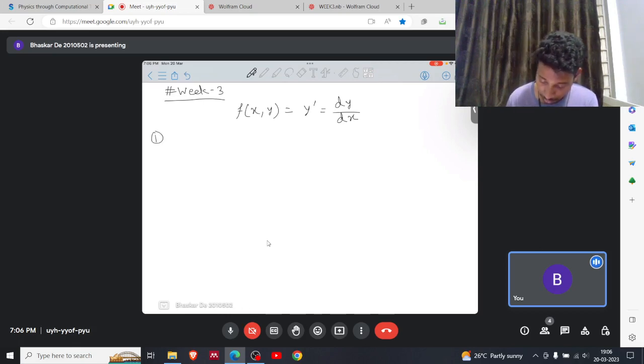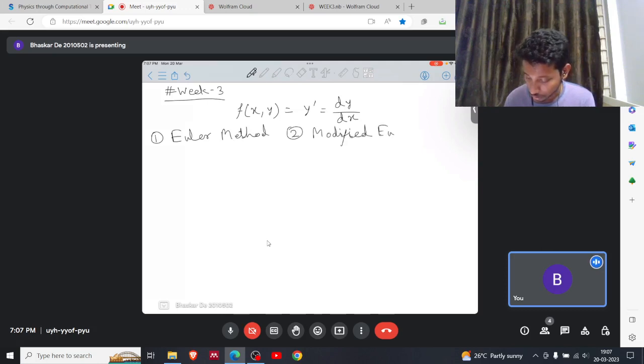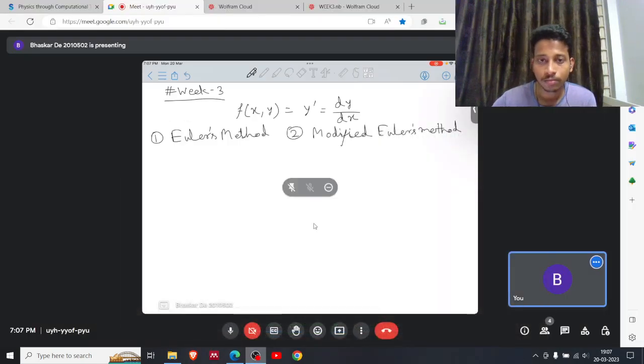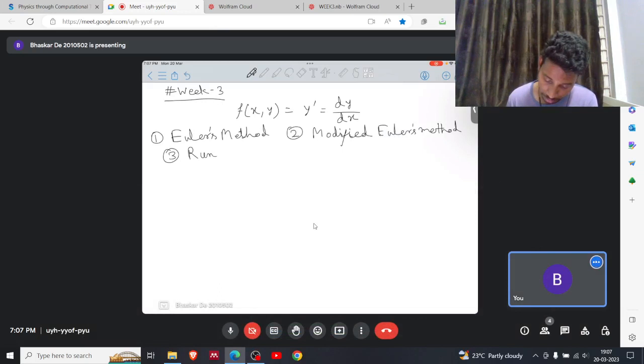The first method is the Euler method, the second is the modified Euler method, and the third is Runge-Kutta.